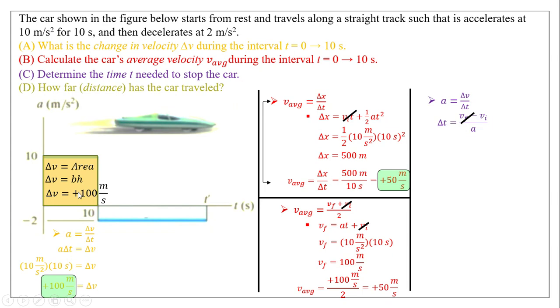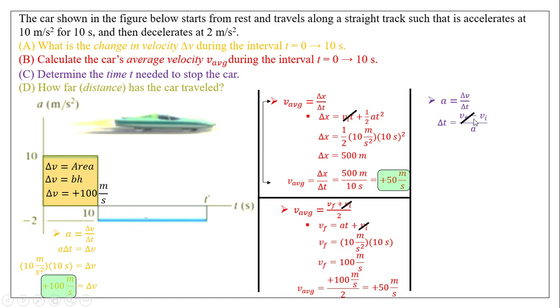The car starts at rest initially, and then it accelerated for a time of 10 seconds at a rate of 10 meters per second squared. So we know our final velocity that we calculated here in part B. Watch what I'm circling. So after 10 seconds, the car's instantaneous velocity is 100 meters per second.